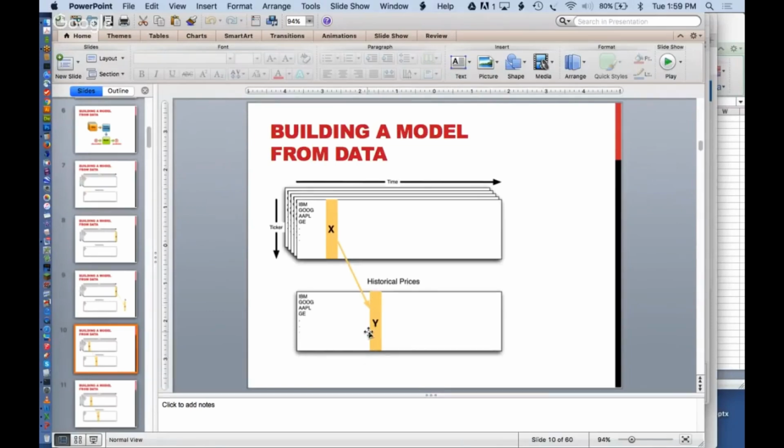So we're going to look at the change in prices into the future, and that will help us classify as a buy, sell, or do nothing. Each day in history, we have these X's, and we know what happened into the future, so we can use this pair of X and Y to train our system. So we step forward one day at a time.